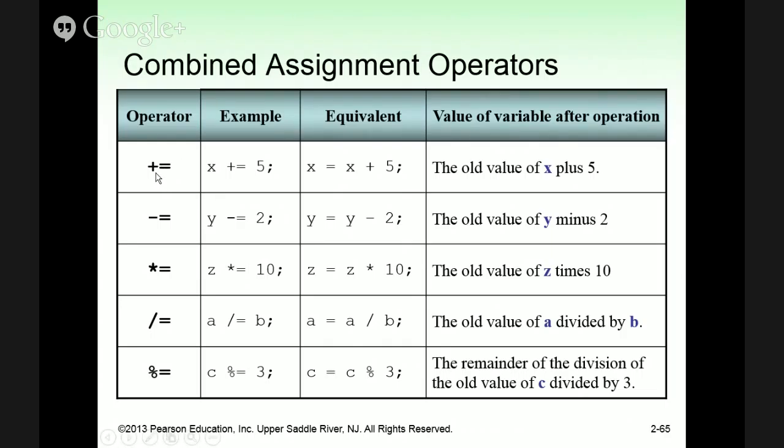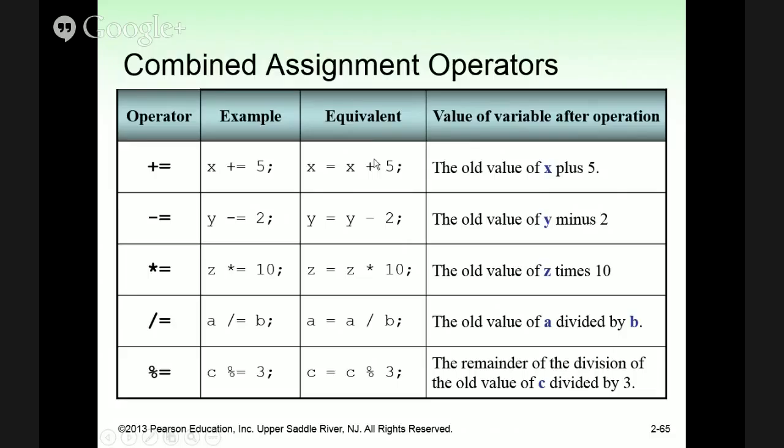If we put a plus and an equal sign right next to each other, no spaces in between, that's actually shorthand for the variable equals itself plus some number. So these two assignments would be equivalent. We could write x equals x plus 5. That would be the normal longhand way to write it. The shorthand way to write it would be simply x plus equals 5.